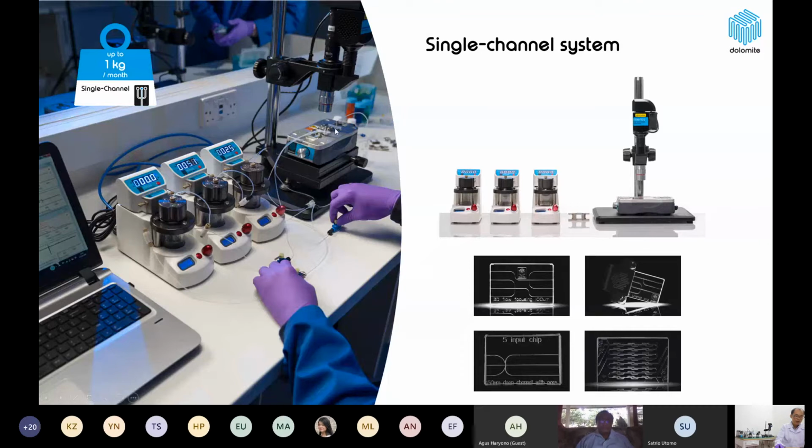The process inside the chip is visualized by a high-speed camera microscope. In the single channel system, the production yield is up to 1 kilogram per month, so it's very useful in lab R&D or studies or academic research.